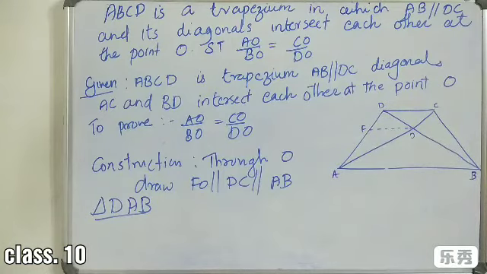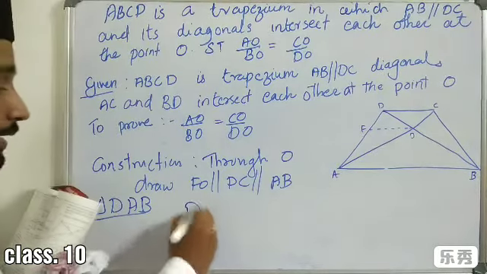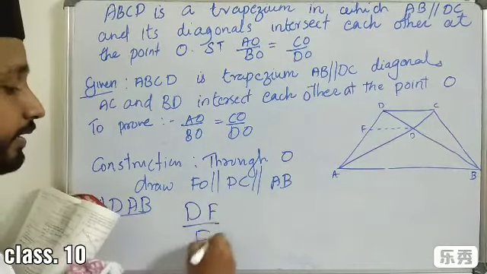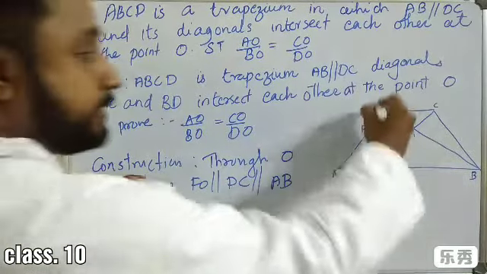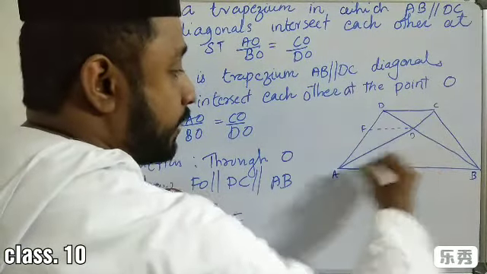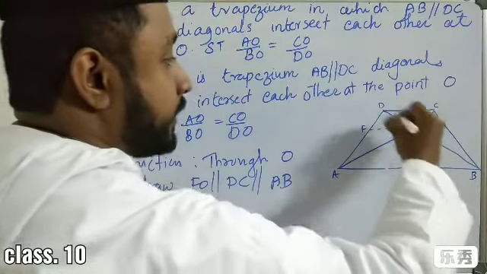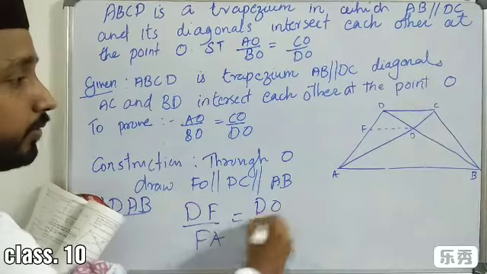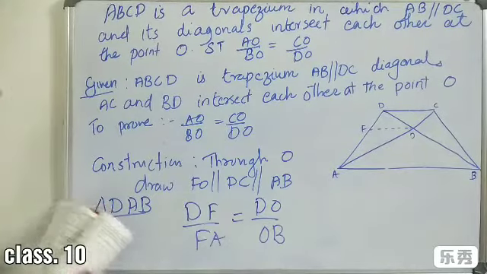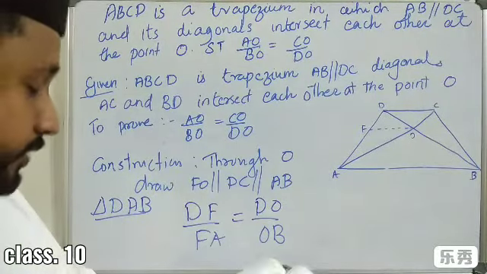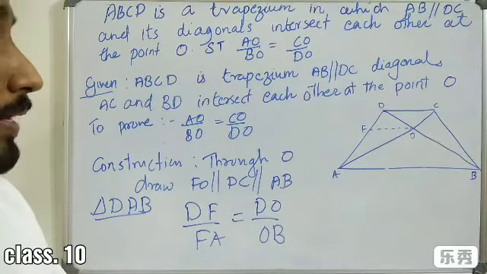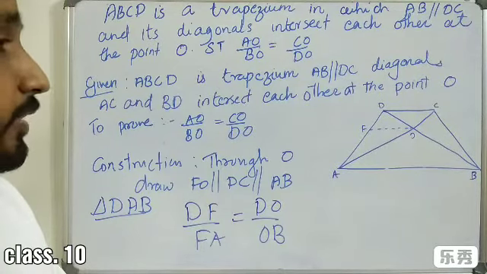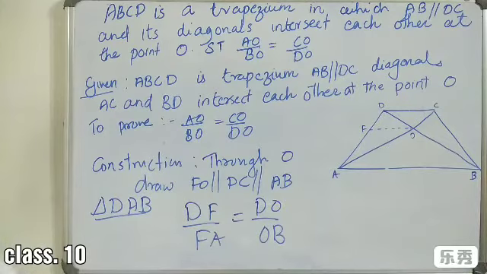That is DF by FA, which is equal to DO by OB.